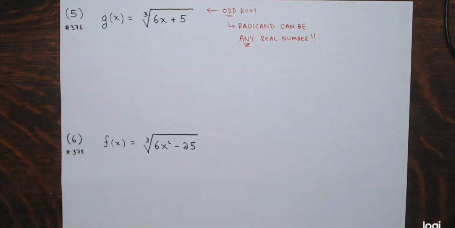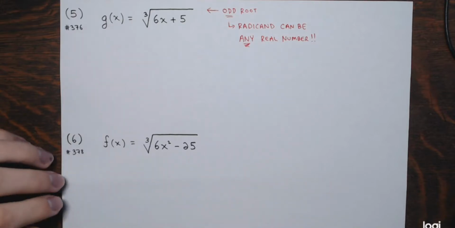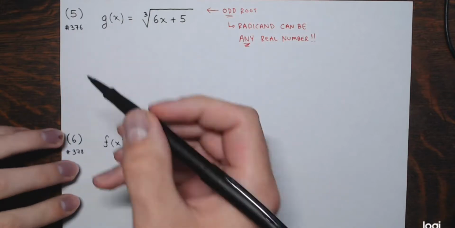So the radicand can be positive. It can be negative. You can take the cube root of a negative number and the result will be real. And it can be 0. So these odd root questions, when they're asking about the domain, are very, very simple.